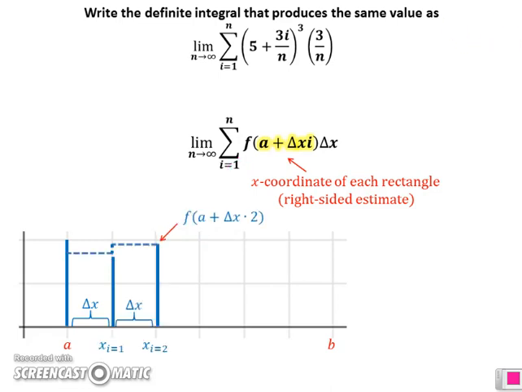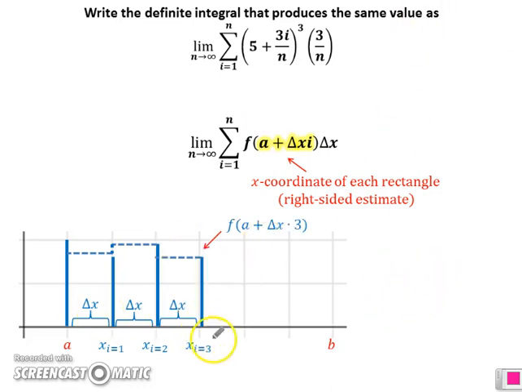And then if you do it again, this is now a plus 2 delta x's. And this would give us the x-coordinate that we would plug into our function, f of x, whatever this function is. We would be able to find the height of this rectangle. And it just keeps going.